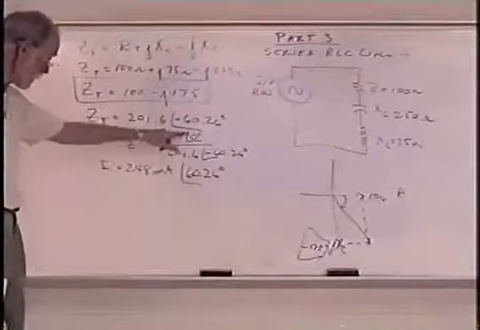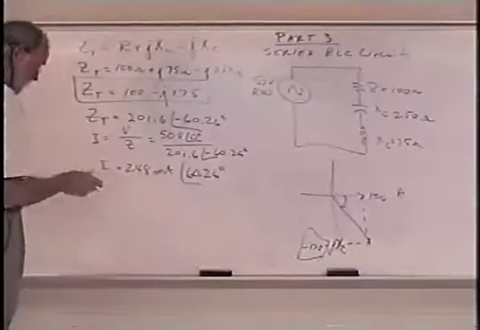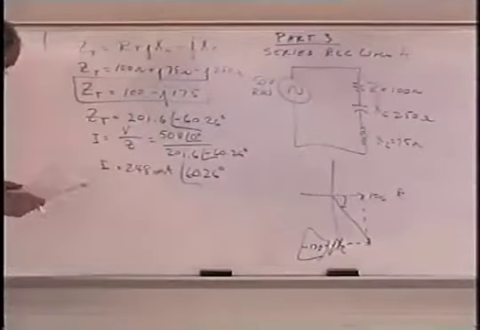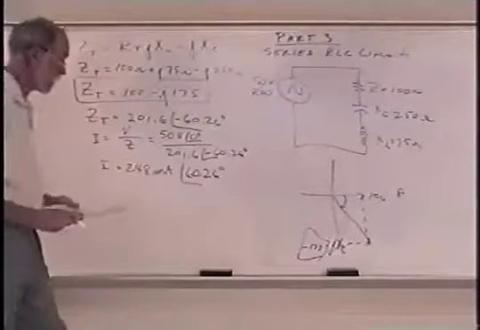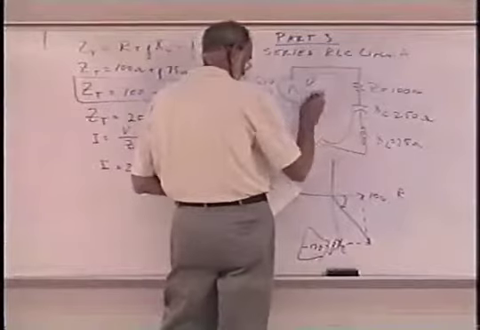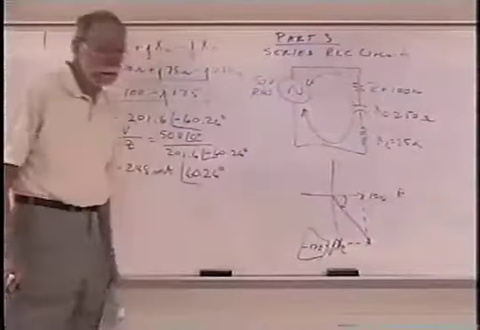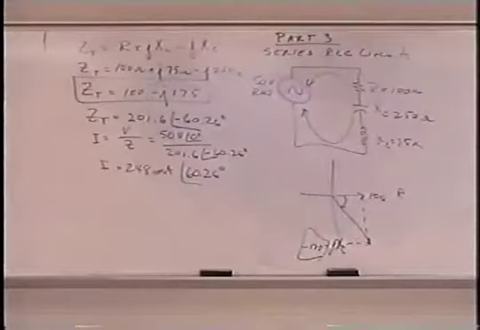If we had a number up here, we would actually have to do a computation. So there's my current. 248 milliamps of current are flowing in this circuit, alternating, of course, one way and then the other. And it has a phase shift with respect to the voltage source of 60.26 degrees. That's what the current does.